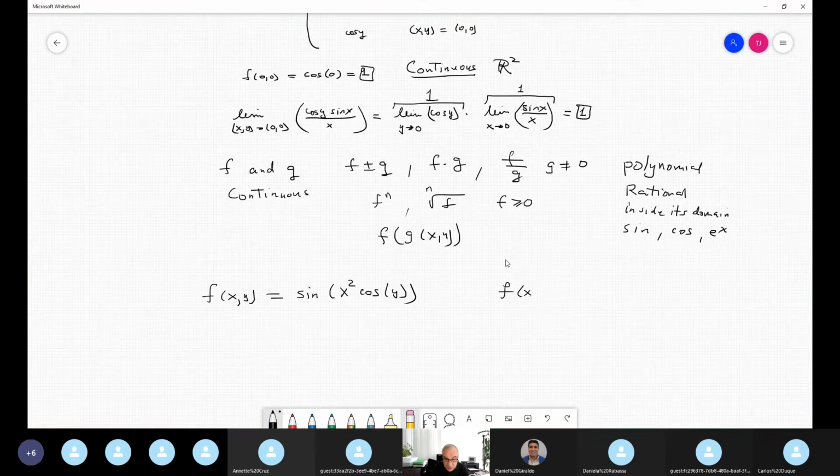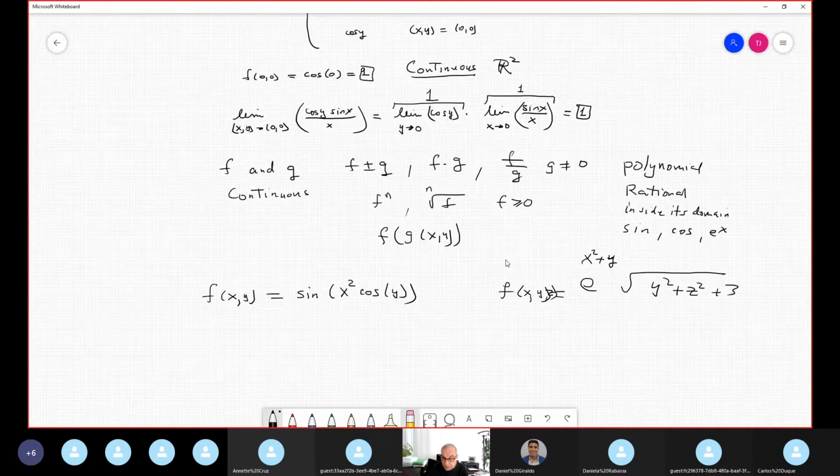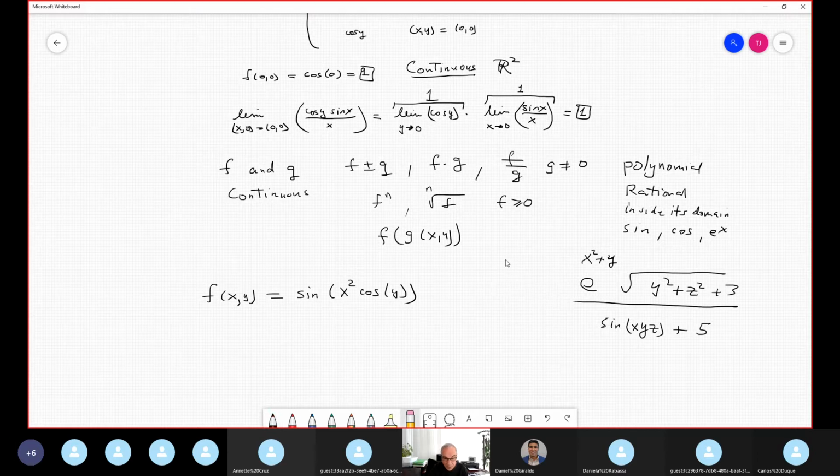Another example is f of x, y, z is exponential of x squared plus y, square root of y squared plus z squared, and this is 3 variables, z plus 3, divided by sine of x times y times z plus 5. Let me erase that part to see much better. Okay, it's 3 variables, f of x, y, z.